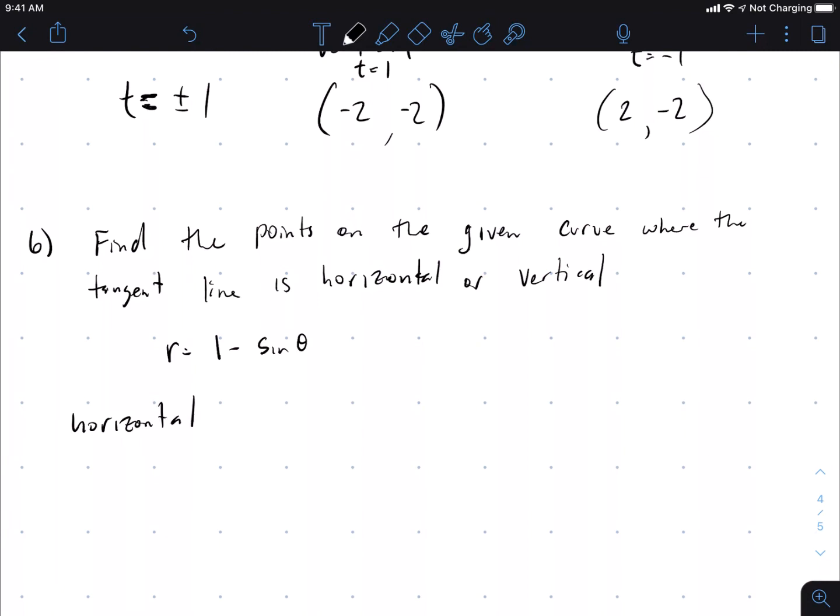Okay, so to get the horizontal in a problem like this, what do we need to do? And again, it was from 0 to 2 pi, just so you know, included. How do I get the horizontal when I'm in polar coordinates?